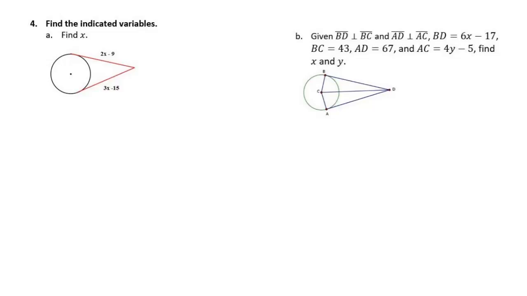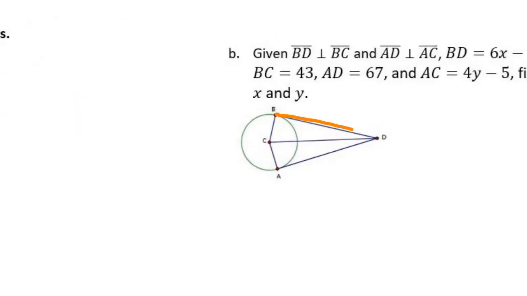If something is tangent, like I'm looking here at this picture in number 4, part B, BD right here is tangent to my circle C. So what's happening right there at point B? This is tangent to my circle.